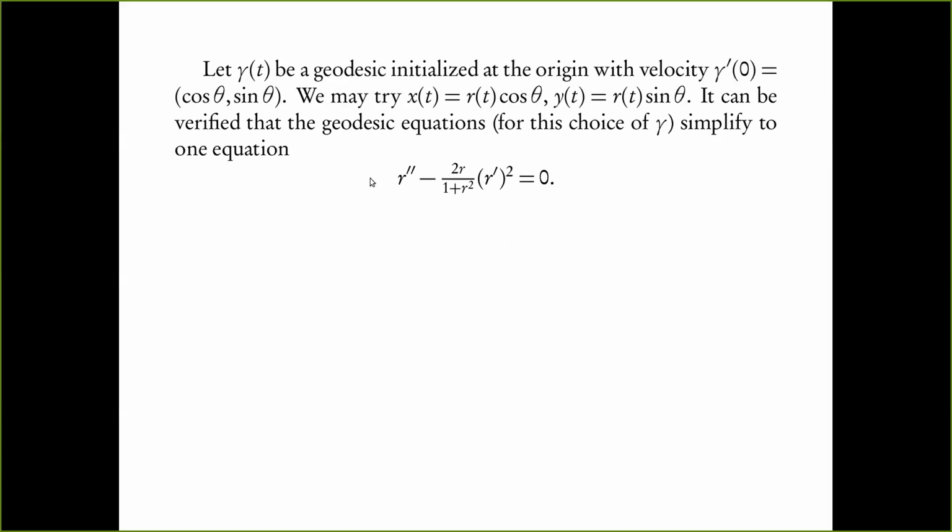There are no two equations to solve, and that's understandable because there's only one function involved, r of t. Once you assume it's radial, then you're done, because you really want the radial lines to be geodesics. Why? Because the radial lines under psi will be the great circles, and you know that the great circles are the geodesics.